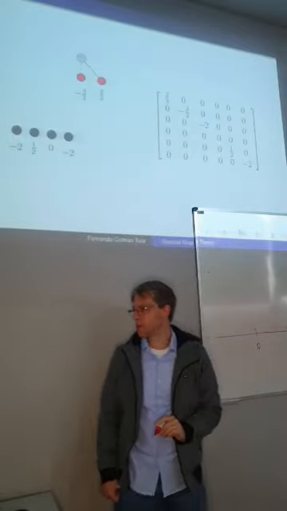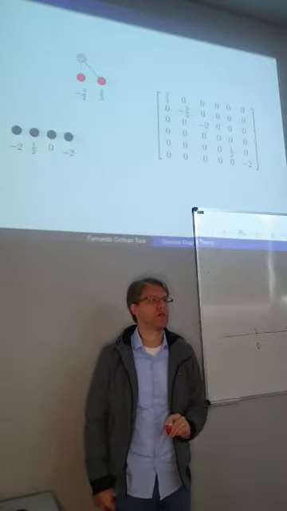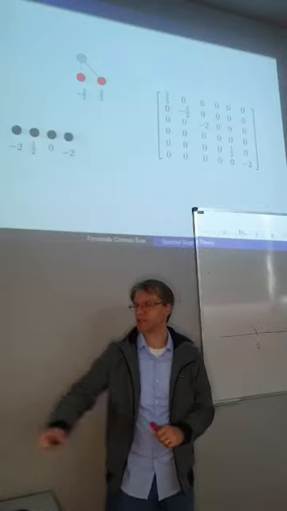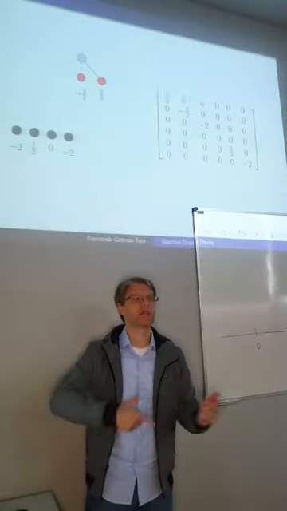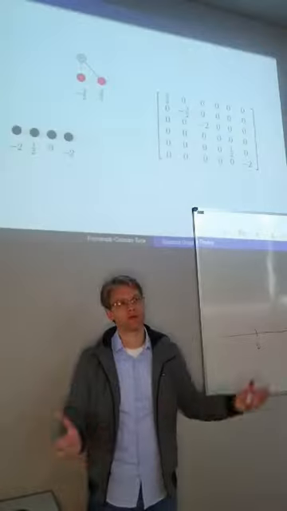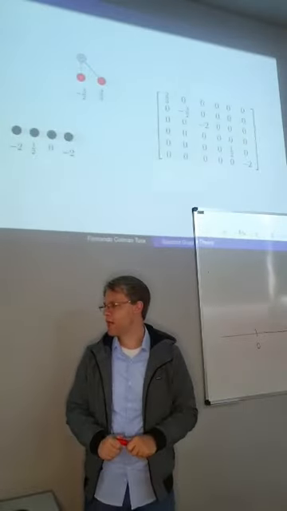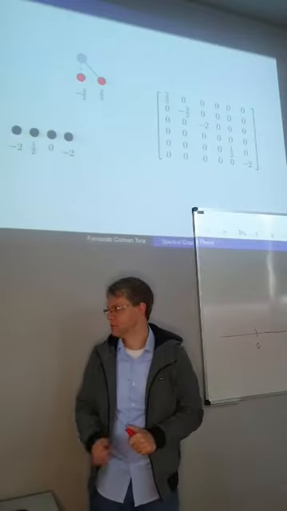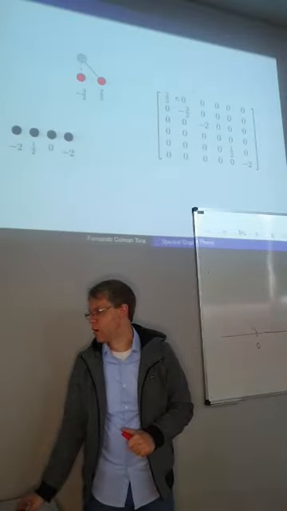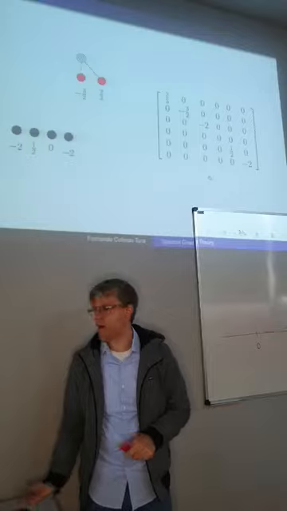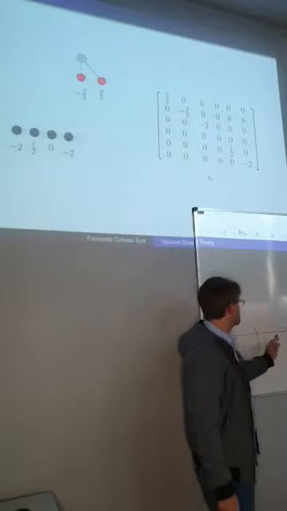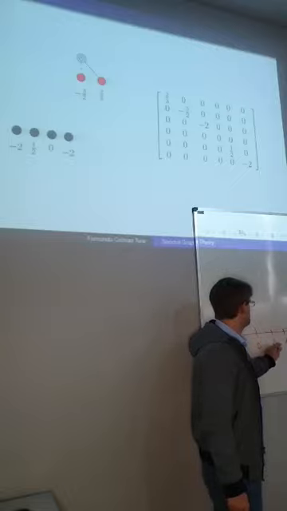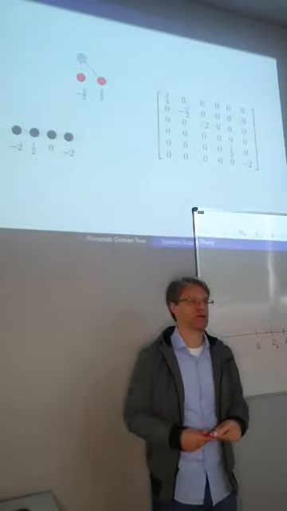If you look at the output of the diagonalized algorithm, it's a diagonal matrix that has some positive values, some negative values, and 0. How many positive values do I have? I have 1 and 2. That means this graph has 2 positive eigenvalues.